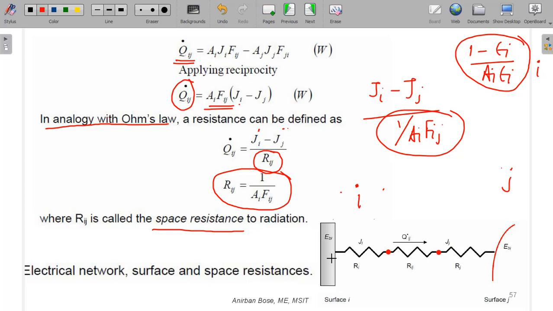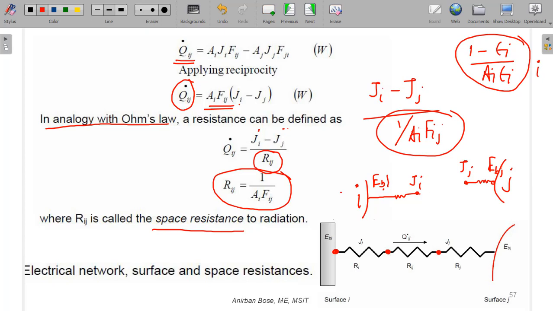So what is the network? You have to start from EBi, then from that surface there is the surface resistance from EBi to Ji. Then for the other surface, there will be a surface resistance from EBj to Jj.